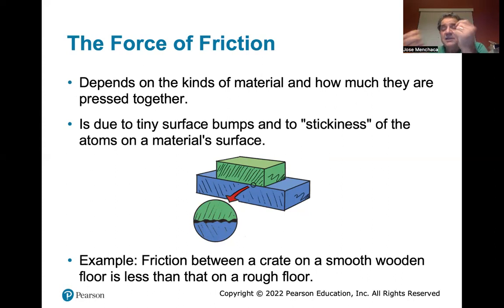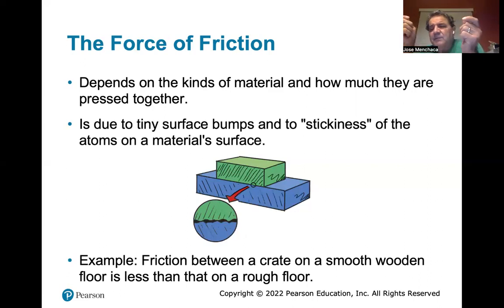Why? I've increased the little tiny surface bumps. Let's look at these bullet points. It depends on the kinds of material and how much they're pressed together. It's due to tiny surface bumps and to the stickiness of the atoms in a material surface.